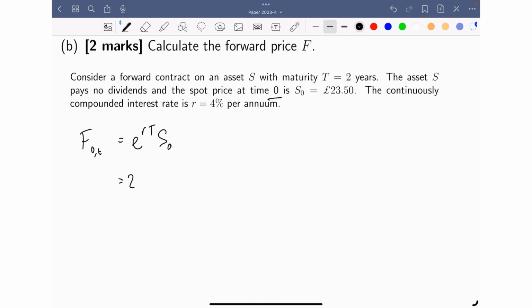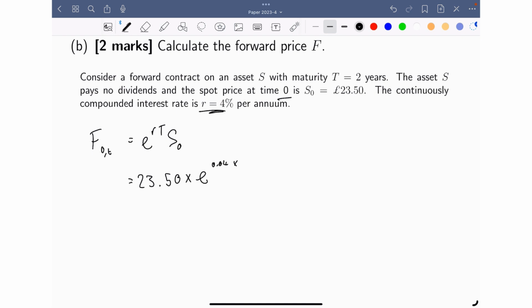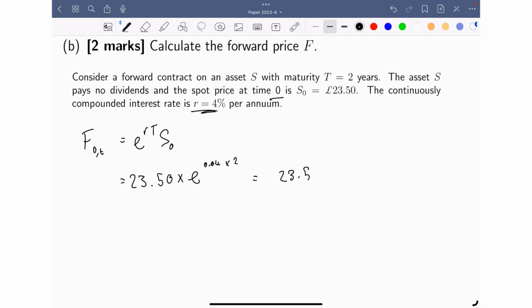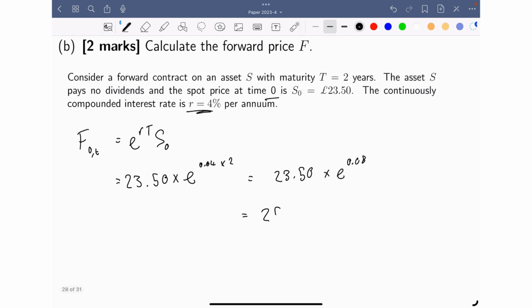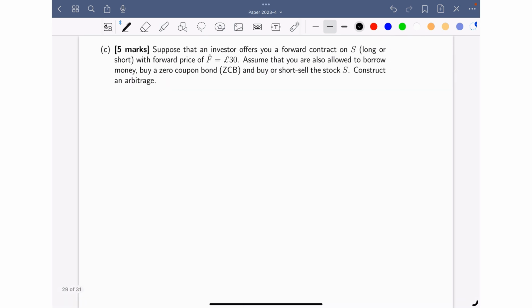So we plug that in, which is £23.50 times e to our 4% interest rate times our length of time till maturity, which is 2 years, which is £25.46. And there we go.